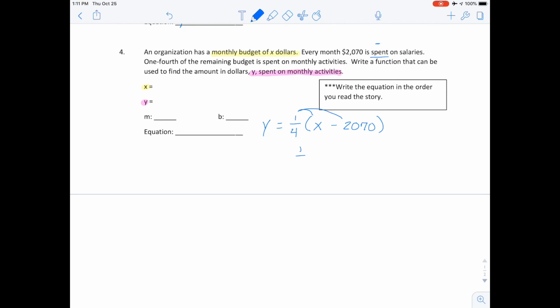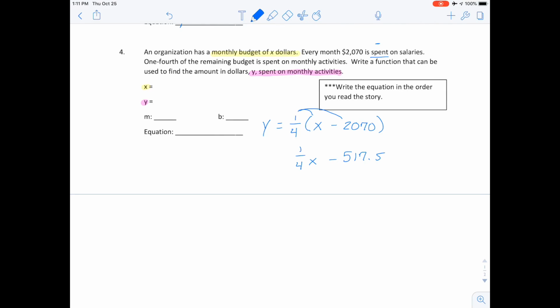So 1/4 times x is 1/4 x, and then 1/4 times 2,070 is going to give you a decimal, but go ahead and type that in your calculator. It's going to be 517.5. That's actually going to be a negative 517.5. All right. So here we go.